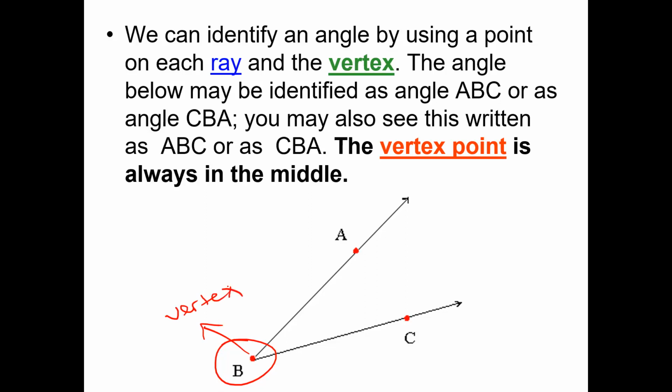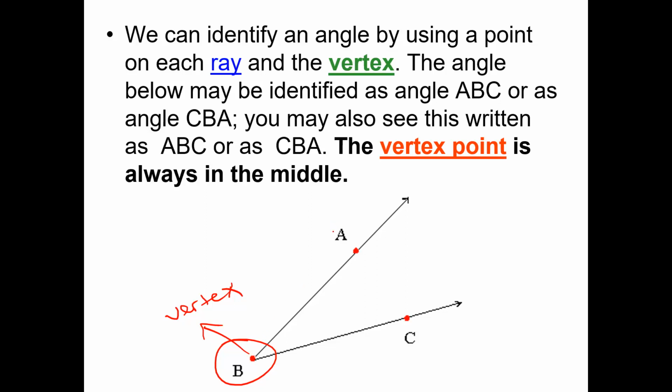Remember that the vertex is the same endpoint or beginning point of two rays or two line segments.